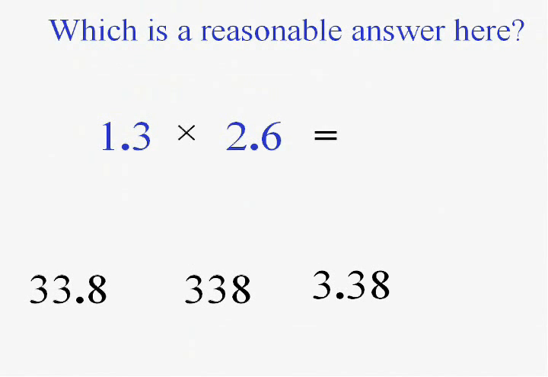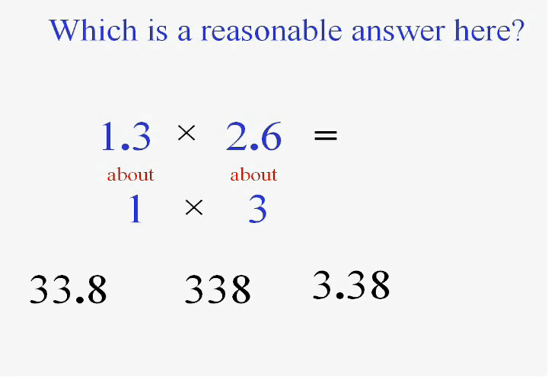Oh, we can do it very easily. You'll care about this. When we multiply these two, a lot of people get the right digits. They get 2 3s and an 8. But typically an error that they would make is to put the decimal place in the wrong place. Which of these answers is a reasonable answer? We don't even have to multiply to find that out. We can just round. 1.3 is about 1 to the nearest whole, and 2.6 is about 3 to the nearest whole.